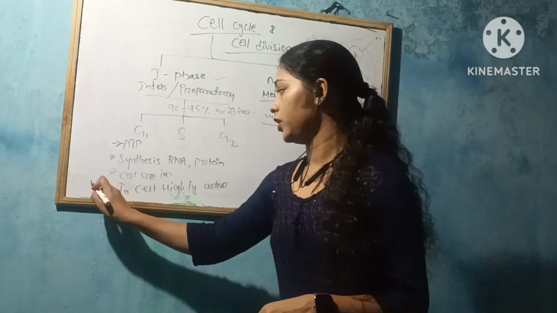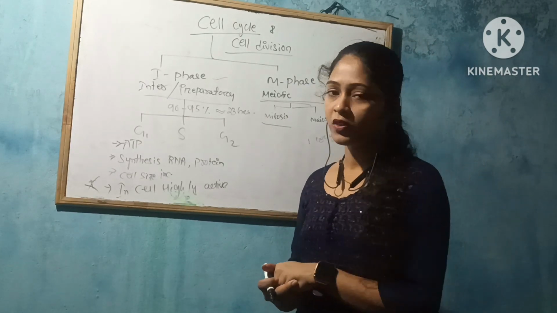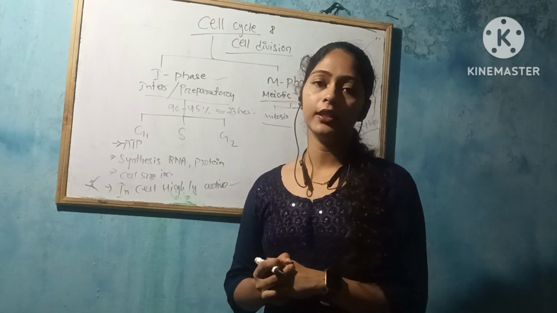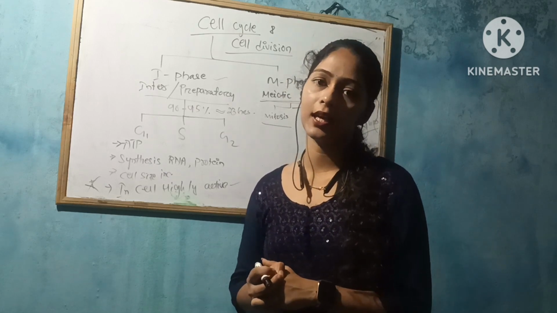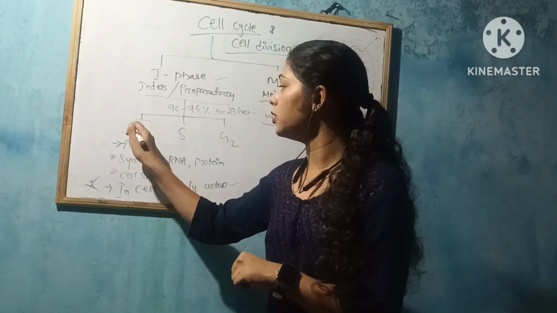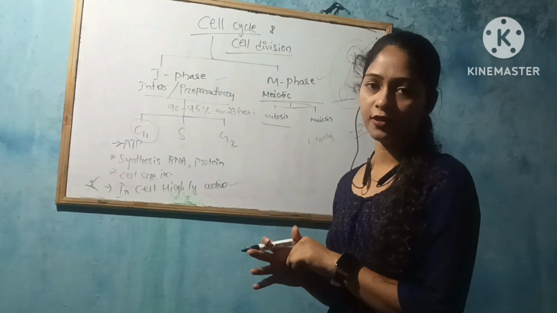Then last, a very important point, it was a question in 2017-18: in the NEET exam, in which phase is the cell highly metabolically active? The answer is G1 phase. So this is about your G1 phase.